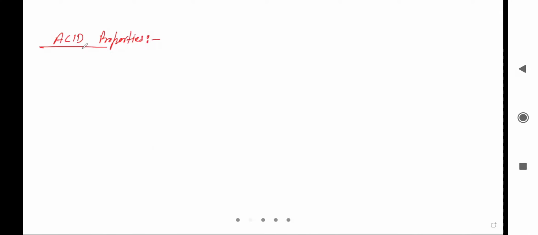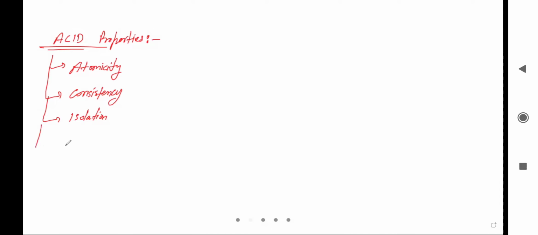So ACID properties, we can say A stands for atomicity, C stands for consistency, I stands for isolation, and D stands for durability.